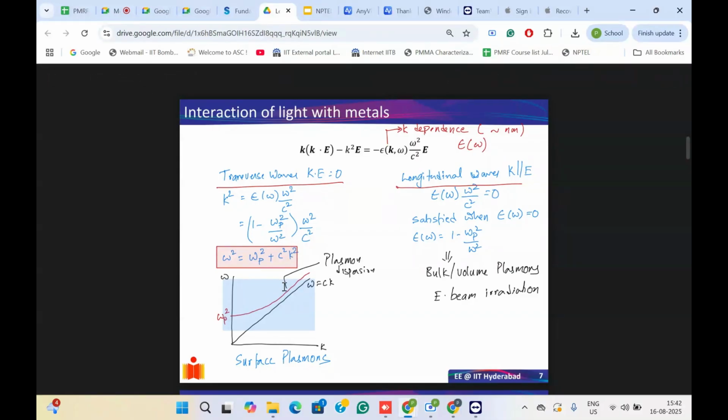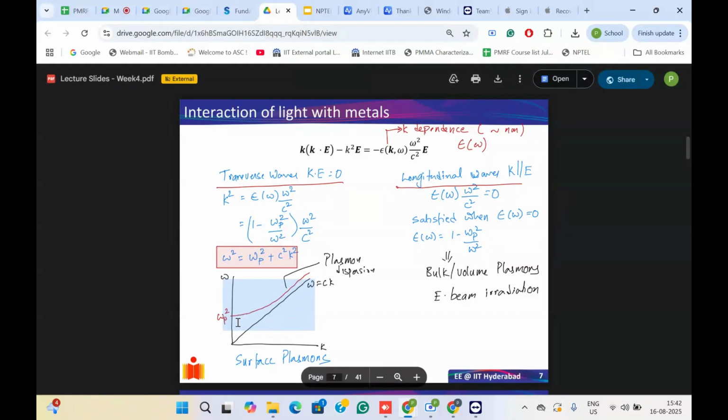Now in the medium, for metals, if I have k equal to 0, then I have omega equal to omega p. So my dispersion will not start from k equal to omega equal to 0. Now it has some initial value that is equivalent to the plasma frequency omega p. So what does this mean?